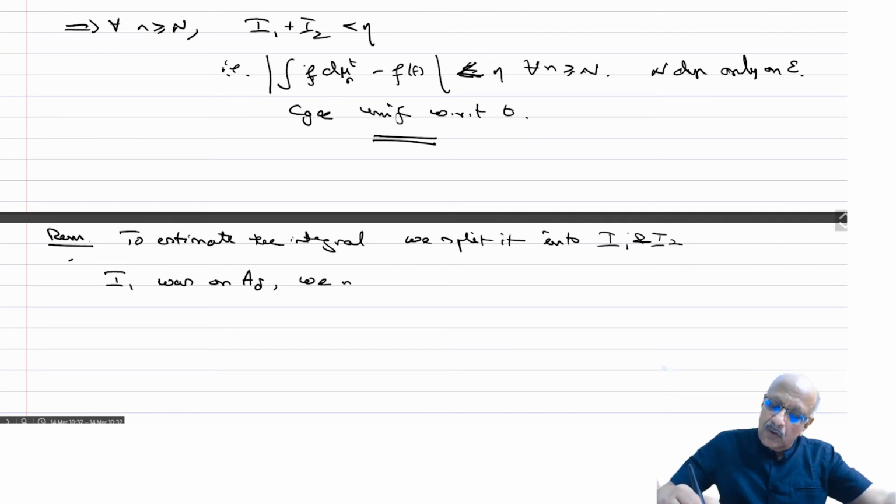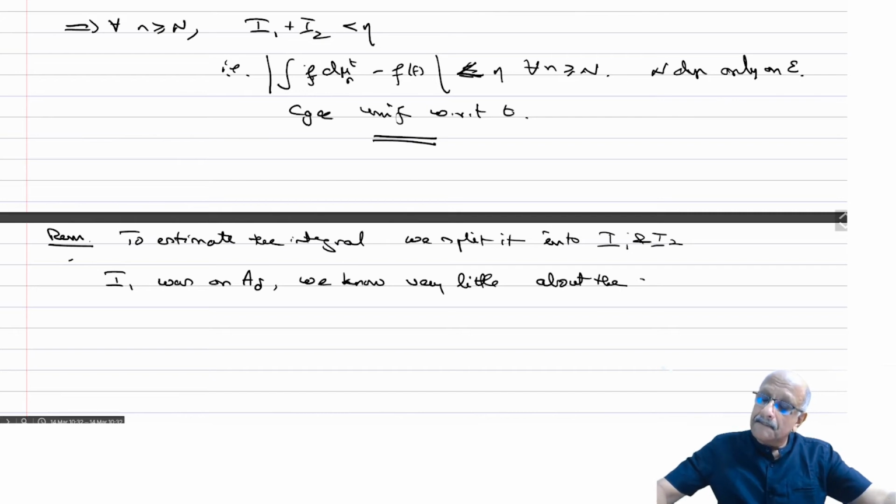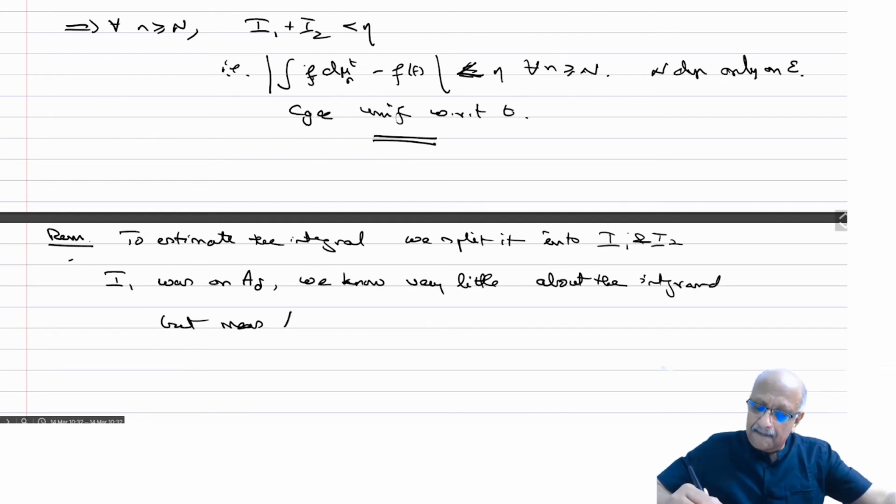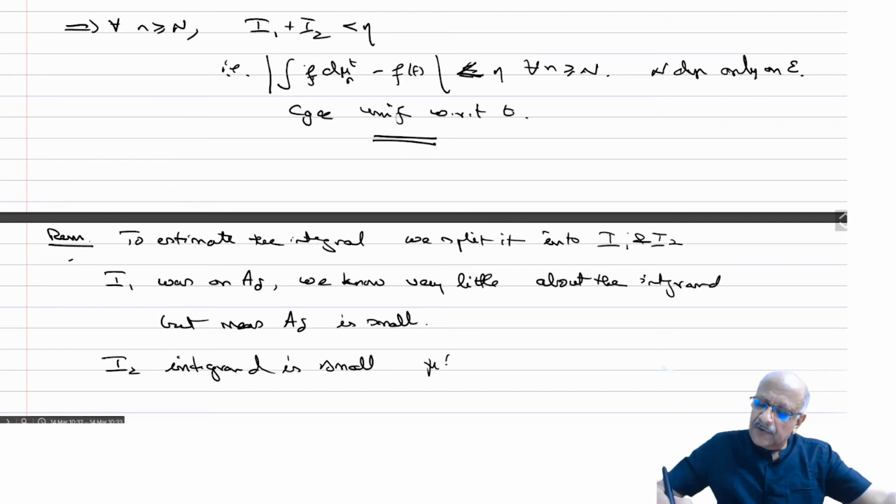We know very little about the integrand, but the measure of A delta is small. On I2 the integrand is small, and the measure of A delta complement is less than or equal to 1.